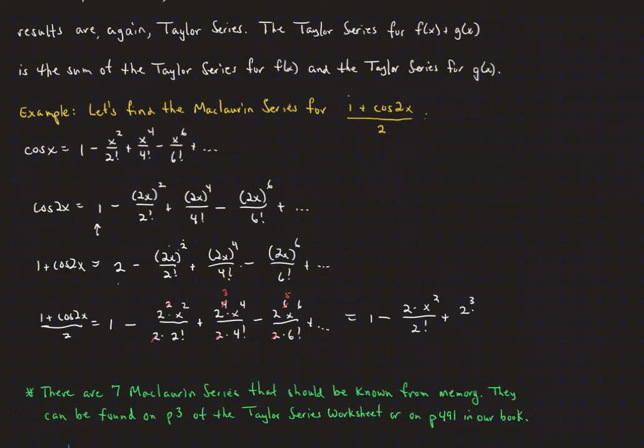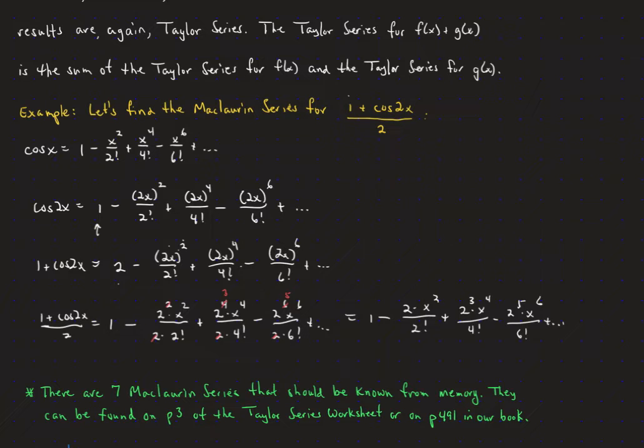So 2 to the 3rd, x to the 4th, 4 factorial, 2 to the 5th, x to the 6th, and 6 factorial. And don't forget that plus dot dot dot at the end.